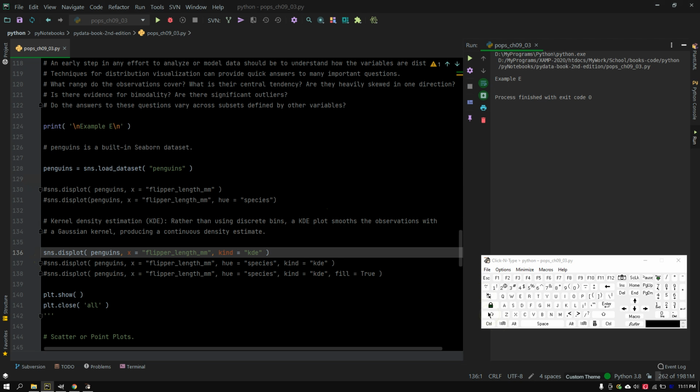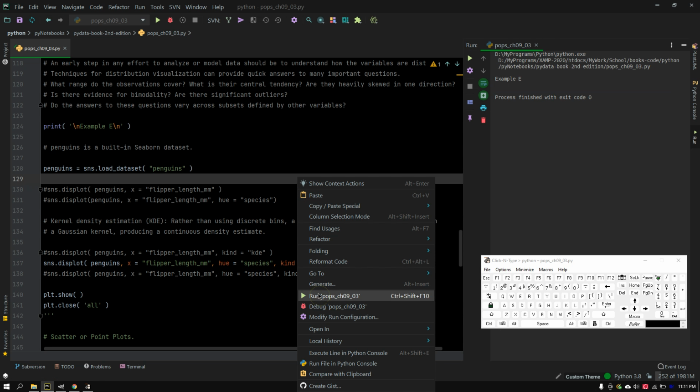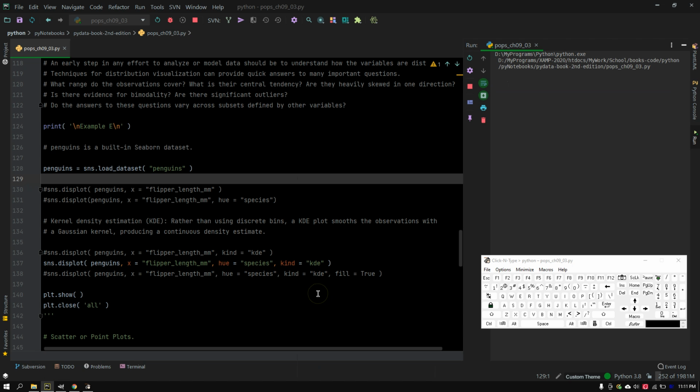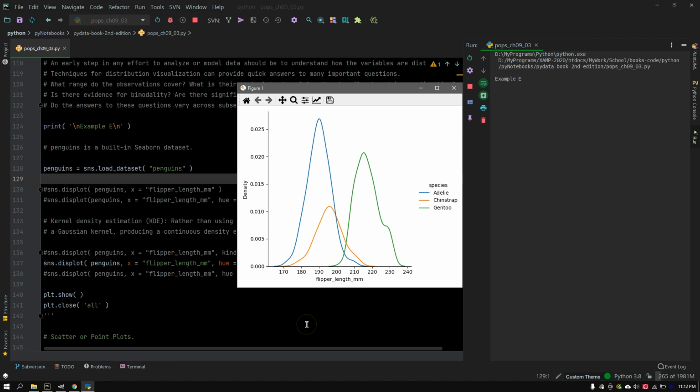Now we're going to add an argument to our Seaborn displot function. We're going to use hue by the species. There they are. All right.